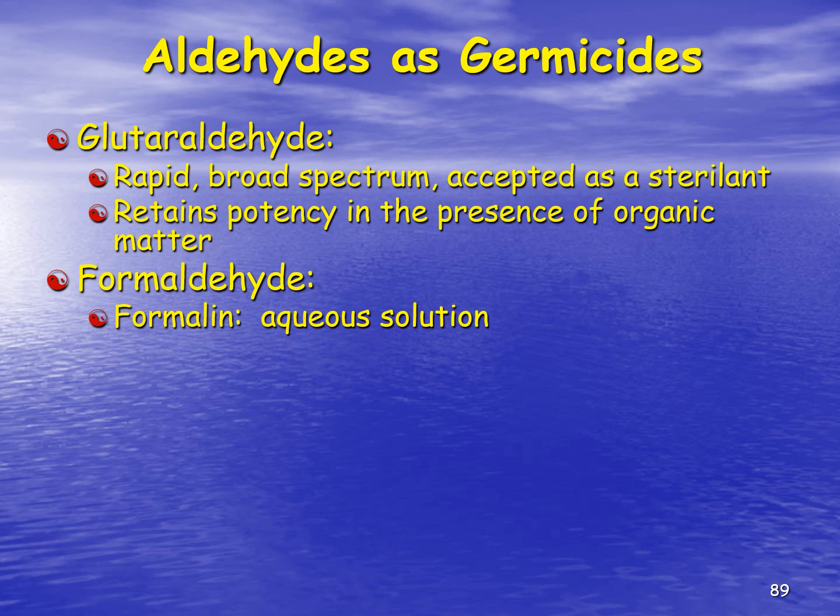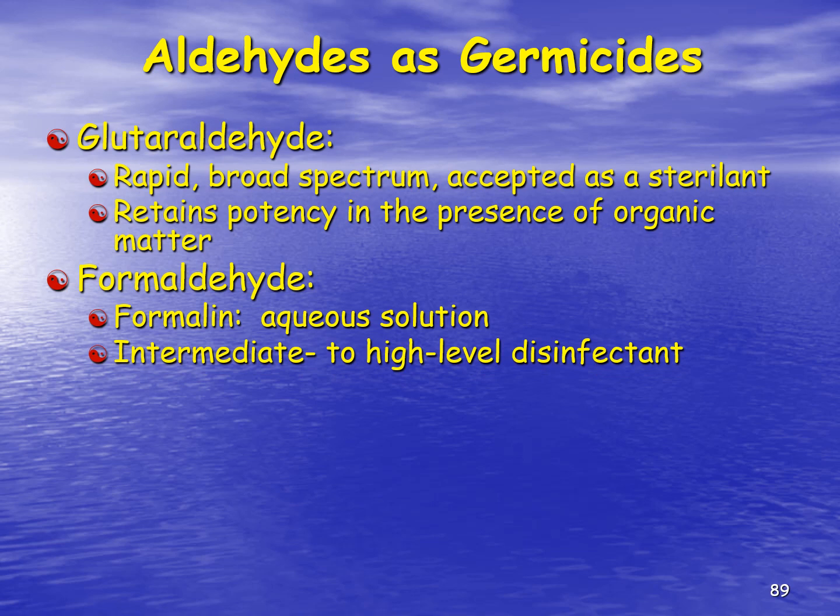Formaldehyde. This one you may be a little more familiar with. 10% formaldehyde is what we know as formalin, and this is an aqueous solution. Formalin has been used to preserve living tissues for eons. It's an intermediate to high-level disinfectant, but it is extremely toxic because it kills and hardens living tissue.